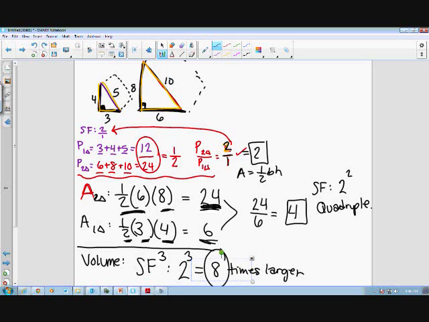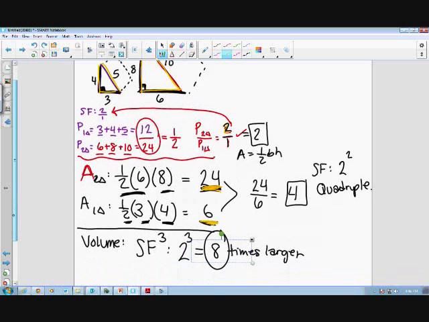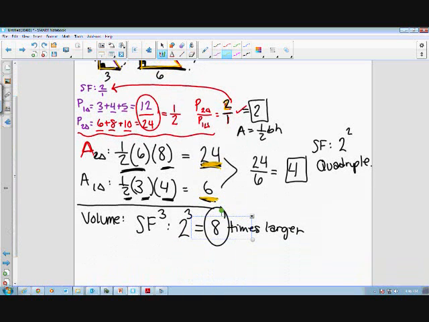Once you move to 2-dimensional, because we doubled the side lengths, we don't just double the area, we quadruple the area. And if this was actually a 3-dimensional triangular prism, the volume of the larger triangular prism would not be doubled just because we doubled the side lengths. It would be 8 times larger.